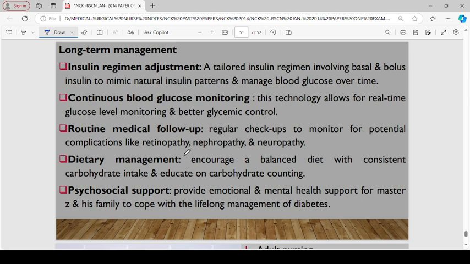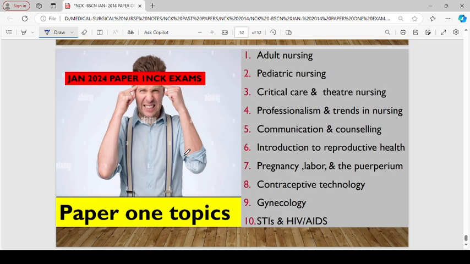Encourage a balanced diet with consistent carbohydrate intake and educate on carbohydrate counting, and then provide emotional and mental health support for Master Z and his family just to cope with the lifelong management of this diabetes.